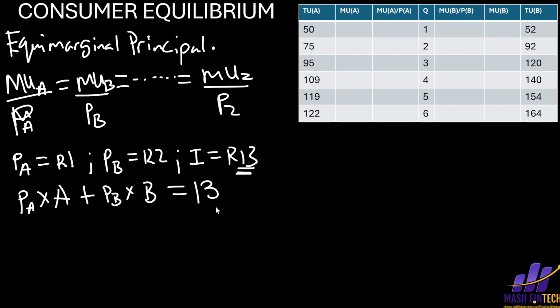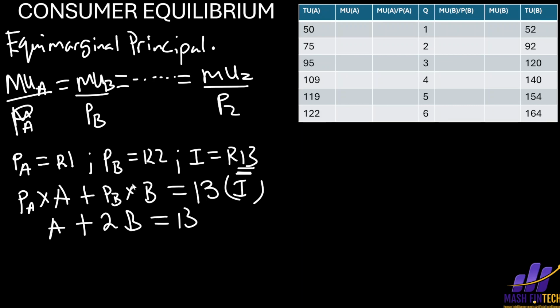This is what we call the budget constraint. So this is the income: the price of a product times the quantity, plus the price of the other product times the quantity, must equal the income. In our case, the income is 13. So A plus 2B, the price of bananas, should be equal to 13. That will then be our budget constraint, whatever combination we get.